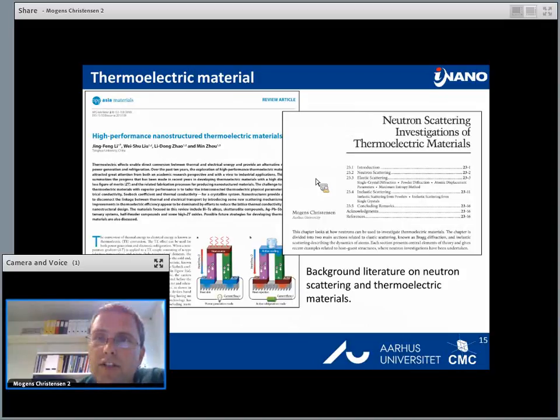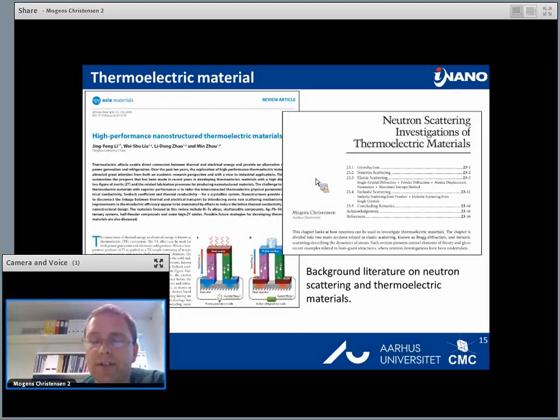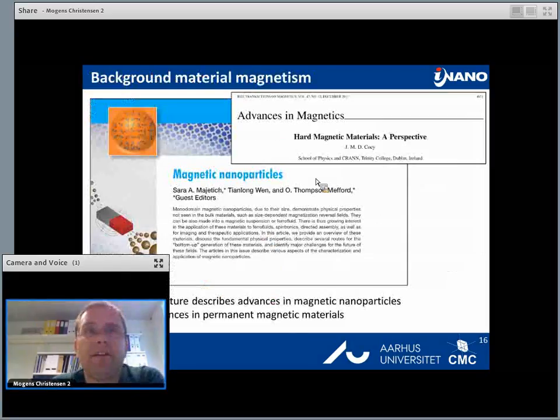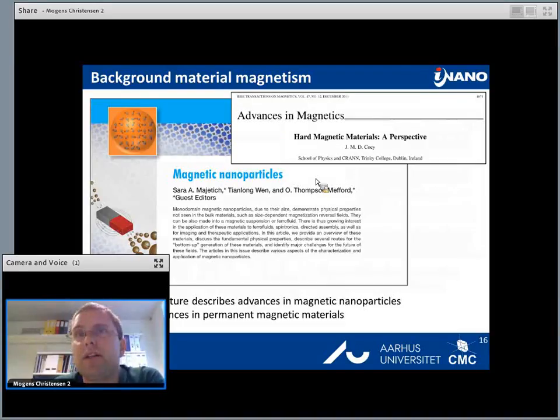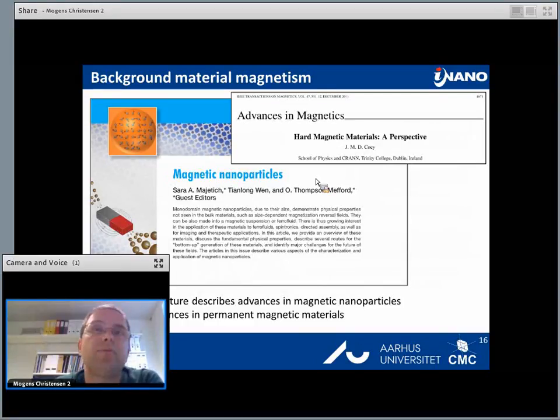This is the most important one, the neutron scattering one, as it gives both some introduction to thermoelectrics and to neutron scattering. Finally, I have given you some background material on magnetism, which will be for the second week. There's Advances in Magnetism, which tries to give an overview of where magnetism is today, and the other one is more detailed about magnetic nanoparticles.